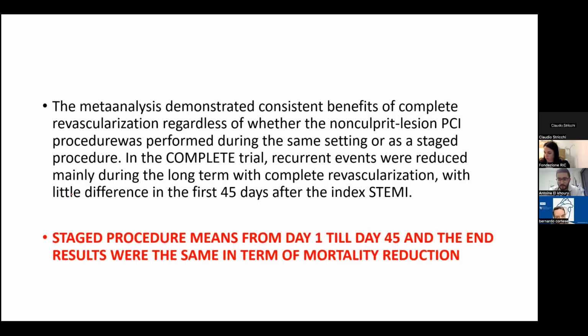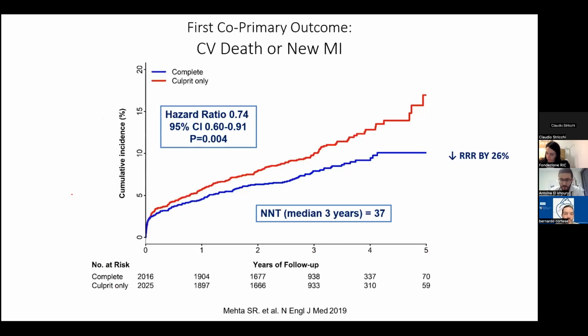Yes, true. Exactly. So it was a wide range, 1 to 45 days is a lot of difference, but because they included multiple studies and each study had different timings, they concluded this at the end. So here you can see, when we do the complete revascularization, the curve in blue, versus the culprit-only revascularization, the curve in red, we have a significant reduction in cardiovascular death and new MI.